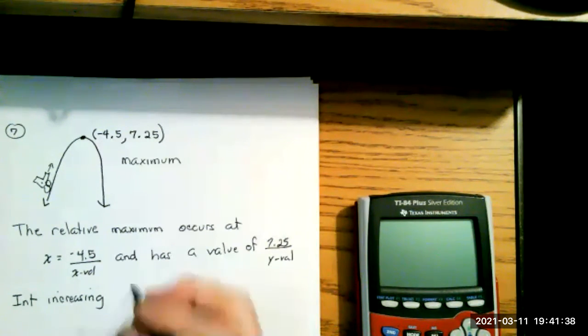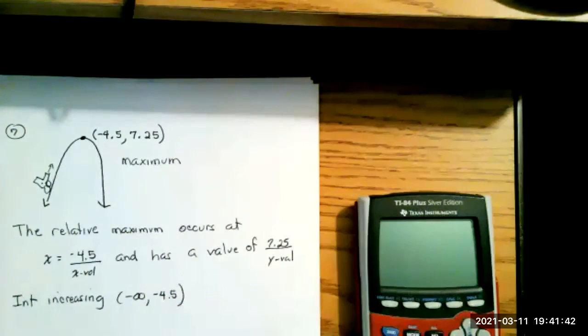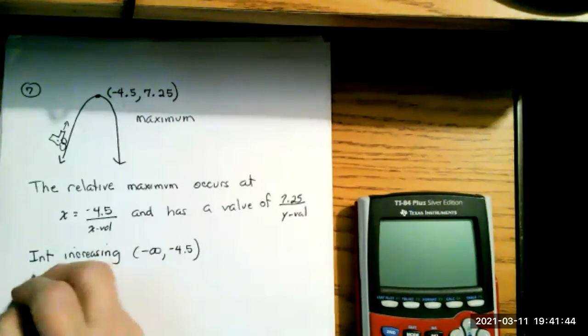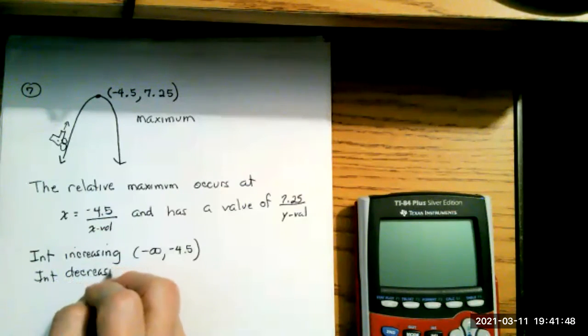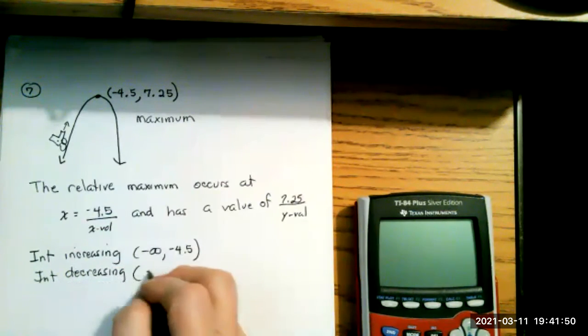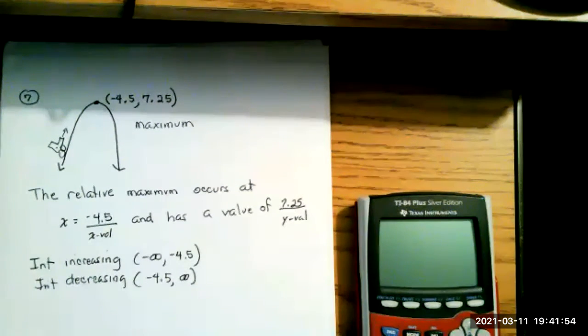From negative infinity to negative 4.5. Remember, use parentheses on intervals. How about interval decreasing? Negative 4.5 to positive infinity. That's right. Okay, that is the support section.